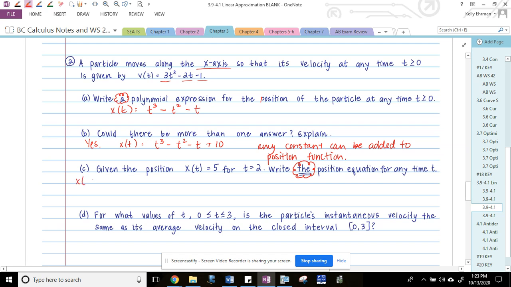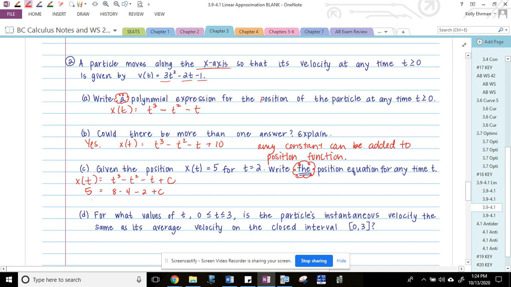Instead of putting a plus 10 on the end, I could have said that the position function has to be t cubed minus t squared minus t plus some constant, we'll call it plus c. And then we know that when t equals 2, so subbing 2 in for all these t's, 8 minus 4 minus 2 plus c, x of t equals 5. So that position equation is equal to 5. And we can use that to solve for c.